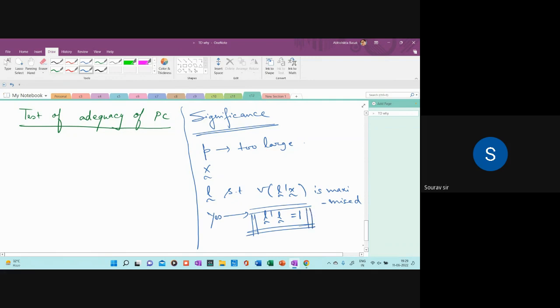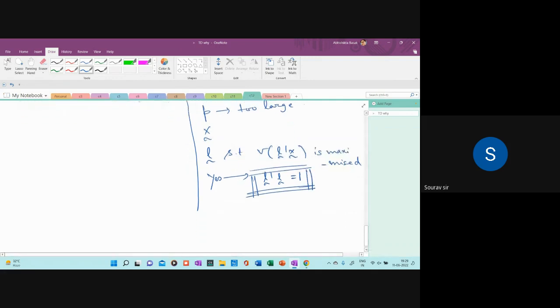Because without this condition, any variance of this kind can be arbitrarily increased by incorporating any constant c which is greater than 1. Suppose I consider c greater than 1 and write variance of c L curl transpose X curl. That gives me c square variance of L curl transpose X curl.